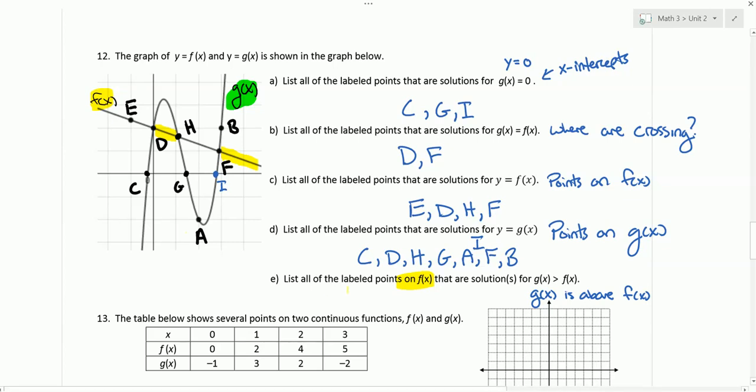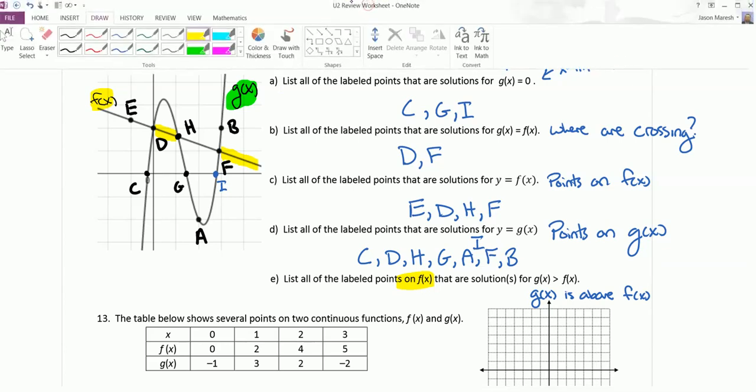So list all the labeled points on f of x that are solutions for g of x greater than f of x. I don't see any points where that's true, because point D and point H is where they're equal, and there's nothing in between them, and point F is where they're equal, and there's nothing to the right of that. So there are no points that satisfy that.